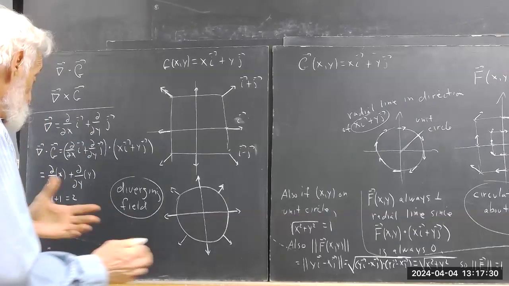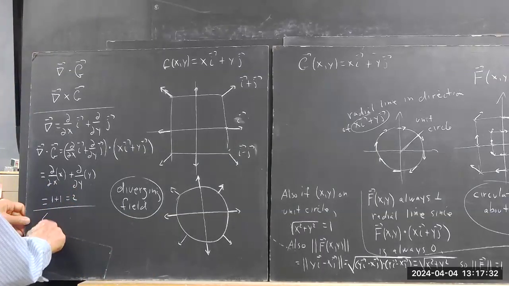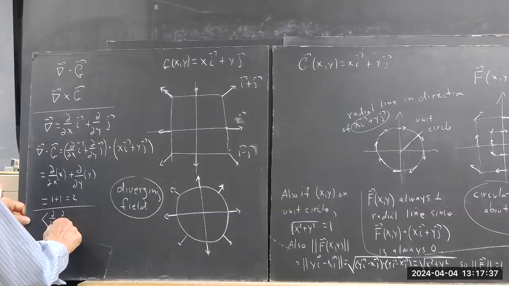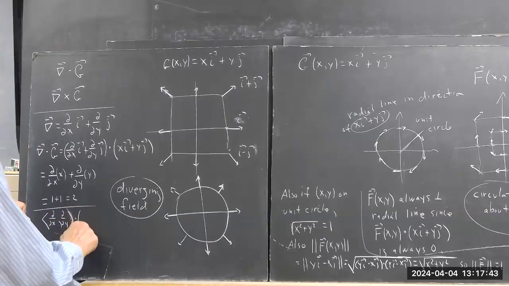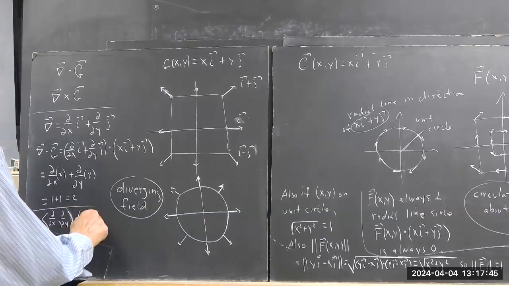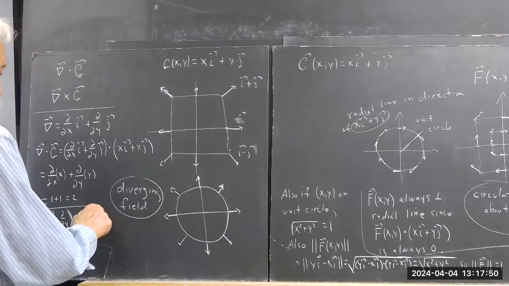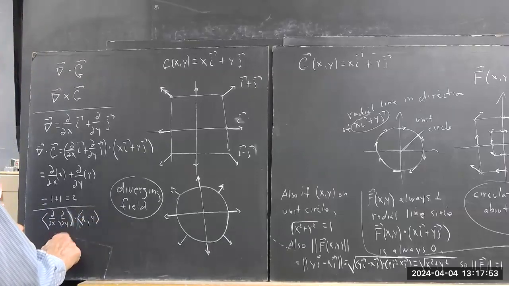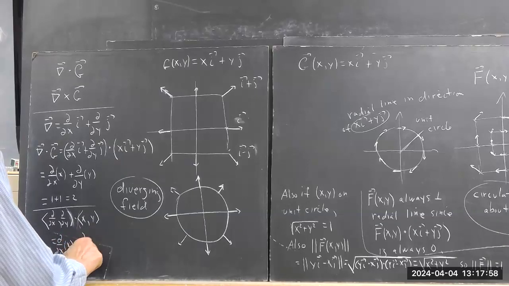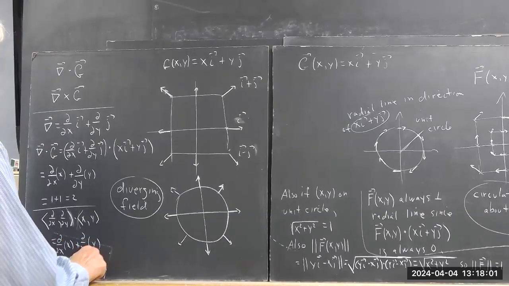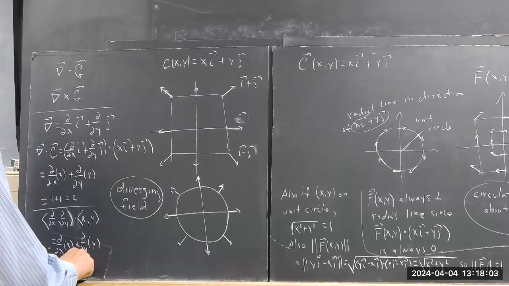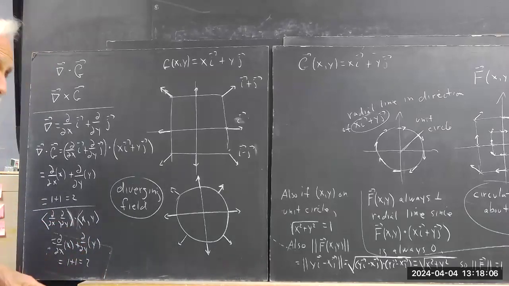Now, if you want to write it out the way you did, you could say it's partial with respect to x, comma, partial with respect to y, dot x, y. If you wrote it out like this, it'd be okay.